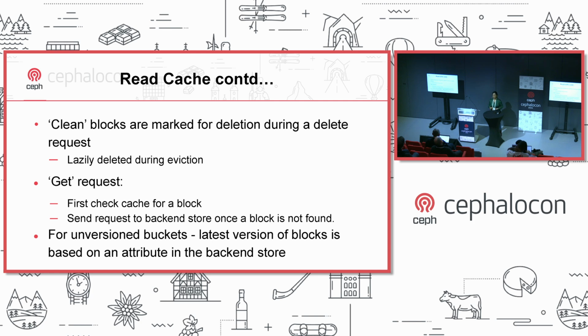We serve it to the end user if it's there. If it's not there, we get it from the backend store and save it in the cache. So for unversioned buckets, we derive the version of the blocks based on an attribute in the backend store, so that we are always serving the latest version to the end user.